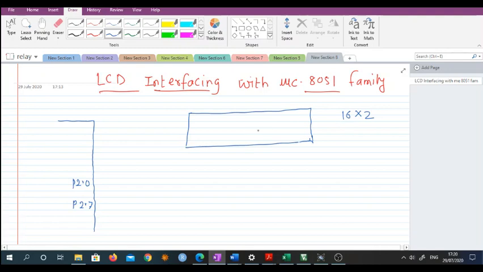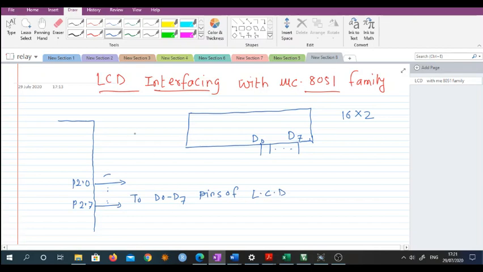We are demonstrating here 16 by 2 LCD interfacing. There are total D0 to D7 lines, 8 lines. So we are connecting these 8 lines to the port pins P2.0 to P2.7, which are connected to the D0 to D7 pins of the LCD.